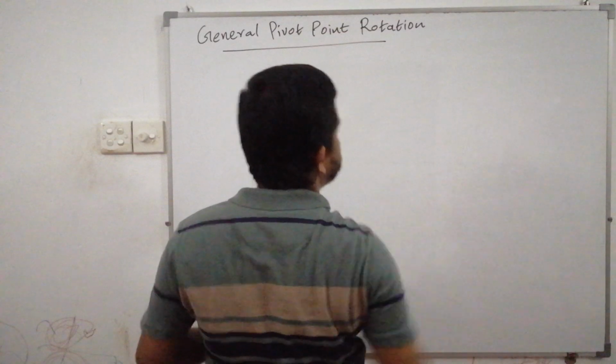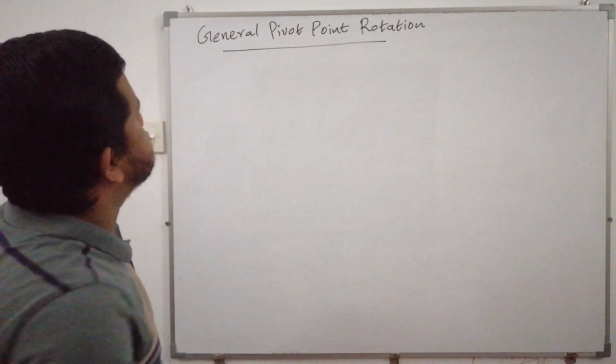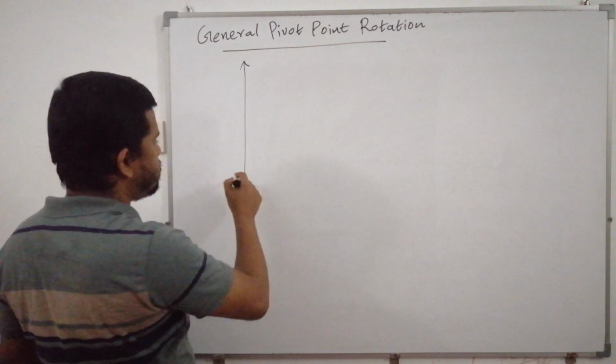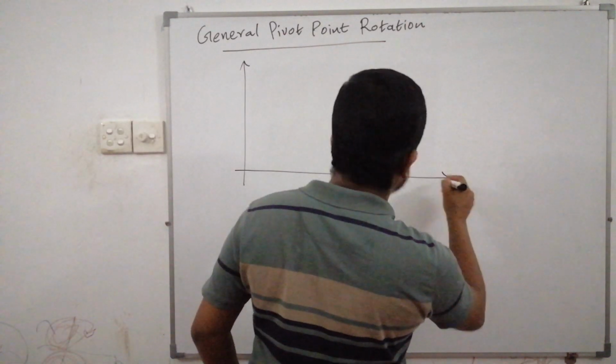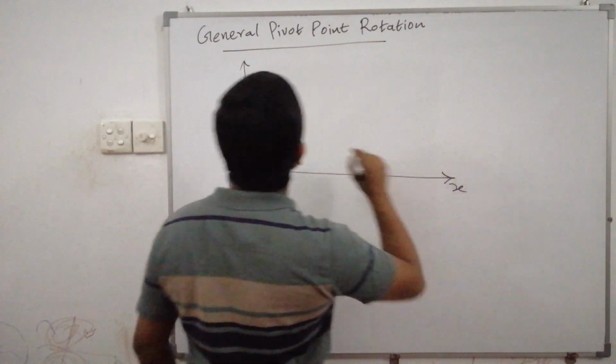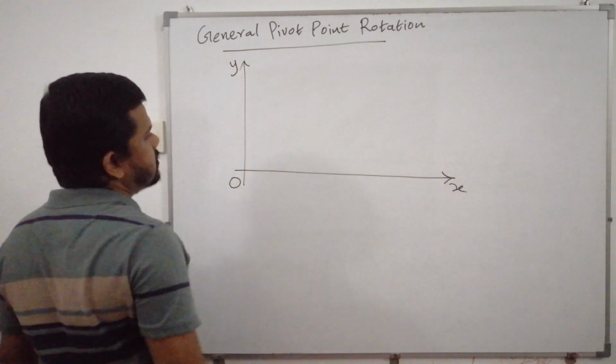General pivot point rotation. So now we have origin, x-axis and y-axis.